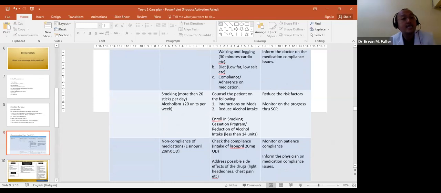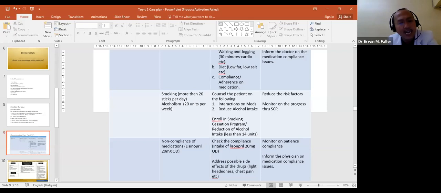As an ACE inhibitor, it inhibits the conversion from ACE1 to ACE2, which results in vasodilation and at the same time a decrease in your aldosterone. So what would happen then? With lesser aldosterone, there would be lesser salt retention.